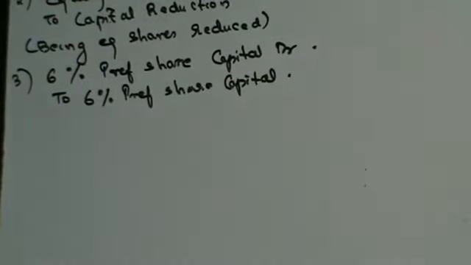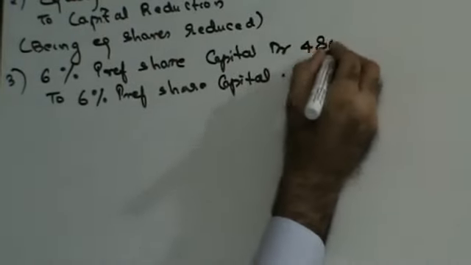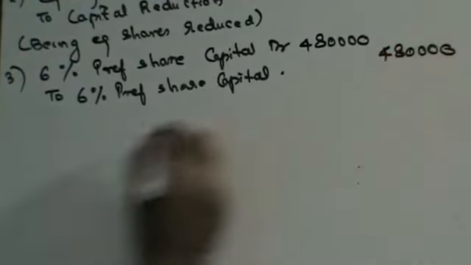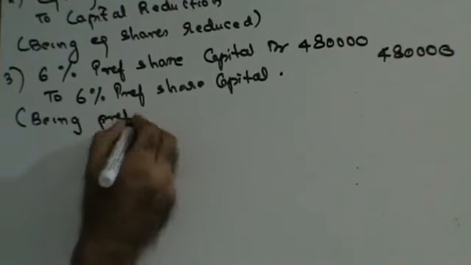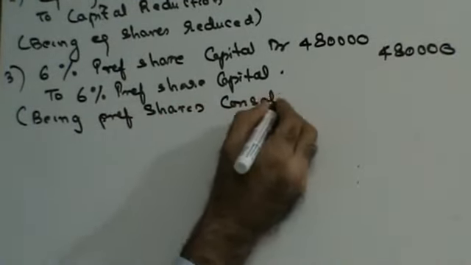I'm consolidating them and giving it to you. Now, preference share capital was 6 lakhs, out of which you have written off 1,20,000, so that leaves you with 4,80,000. 4,80,000 being preference shares consolidated.